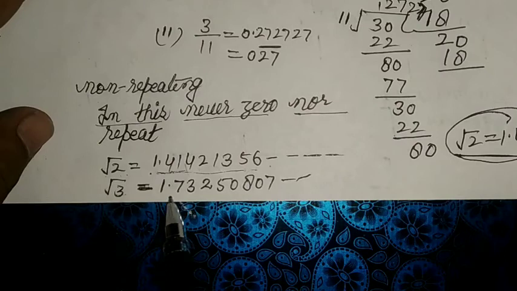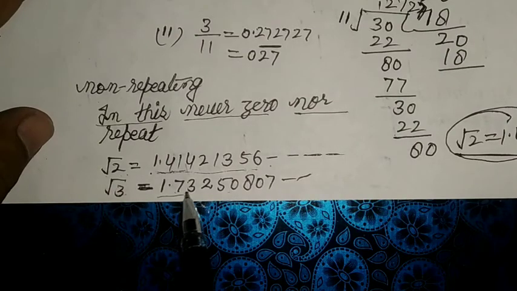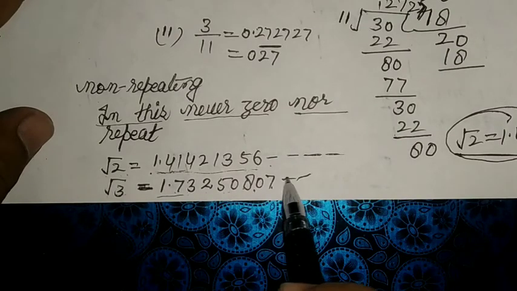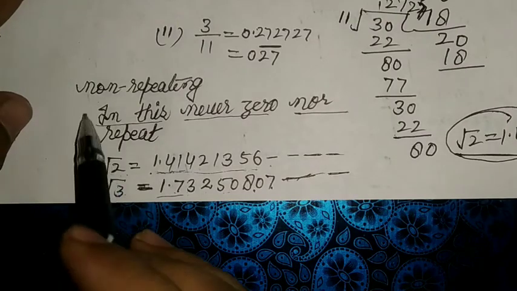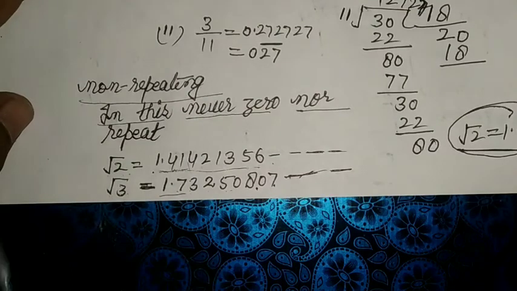Same as √3, 1.73250807, infinite, no number repeats again and again. So we can say that these are non-terminating decimals.